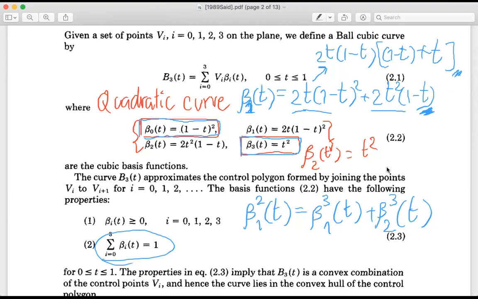And this one can be eliminated because 1 minus t plus t is 1. So beta 21t will be equal to 2t(1 minus t). This is the second polynomial of the quadratic Ball curve.